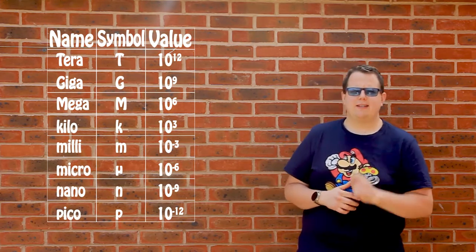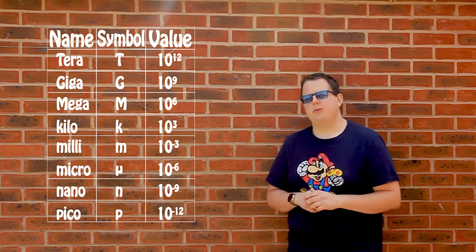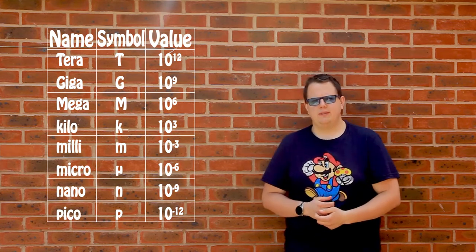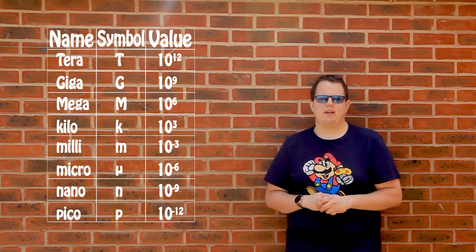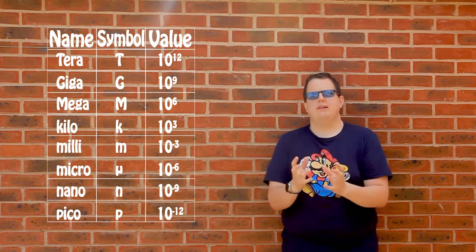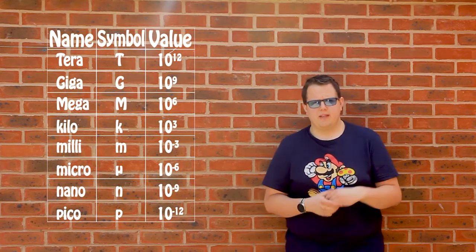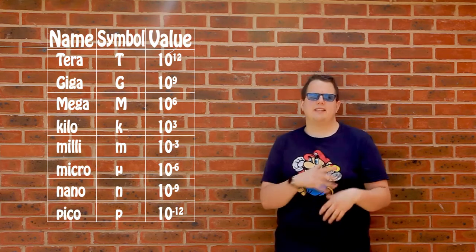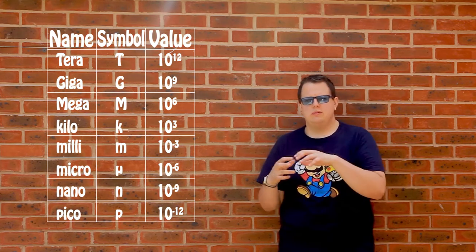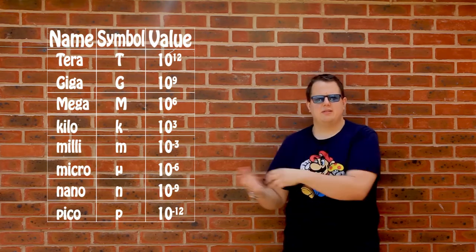So we then have peta, which is from the word for penta, meaning 5. This means times 10 to the 15, or 1,000 to the power of 5. Exa comes from hexa, which is times 10 to the 18, or 1,000 to the power of 6.